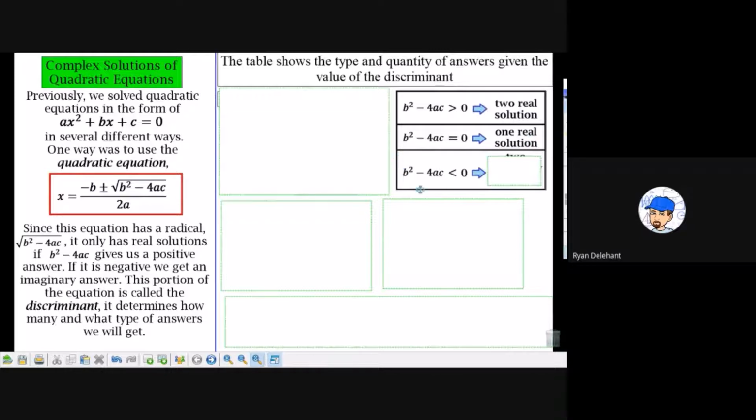This is where we're going to spend our time today, where we do this quadratic factoring with the quadratic equation, and that b squared minus 4ac ends up being negative. Then we still get 2 answers for this thing, but this is where that imaginary or complex solution comes from.